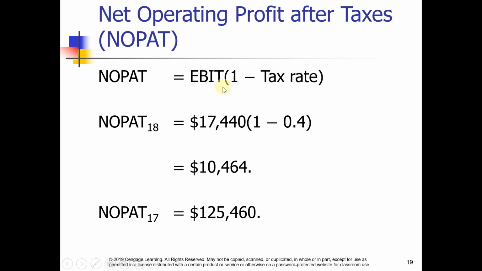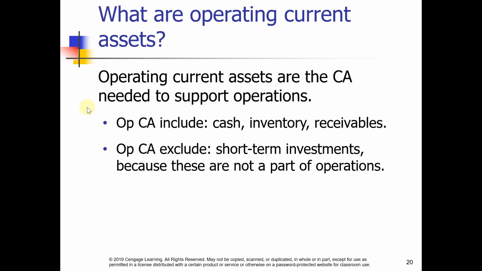That's the first step. Net operating profit after tax is the amount of operating profit this company made, and now the next step is to subtract the minimum investment required in working capital and long-term investment to keep the business running. There are two kinds of investment the company has to make. One kind is investment in current assets, or working capital, such as maintaining a certain level of cash and inventory and receivables to be able to buy and sell.